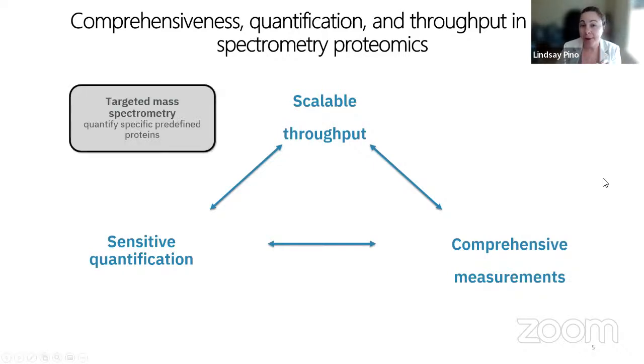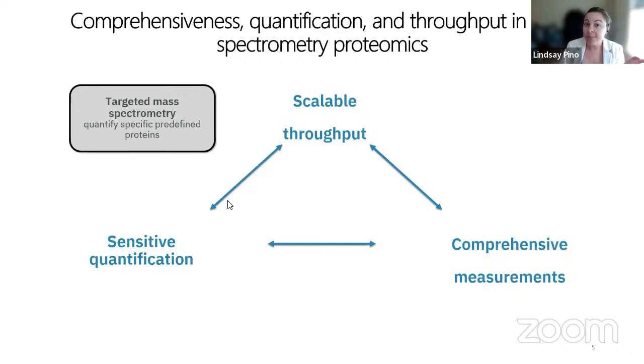You'll also be limited by what hardware you have, of course. If you have lots of samples and you need very sensitive quantification, but you don't need to measure a lot of proteins, you're going to choose something like targeted mass spectrometry. So this is things like SRM, selected reaction monitoring, PRM, parallel reaction monitoring, or MRM, multiple reaction monitoring.